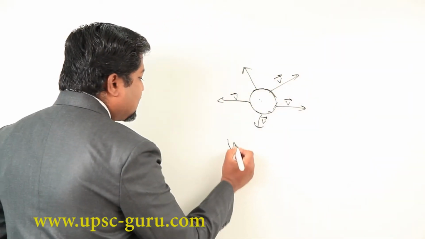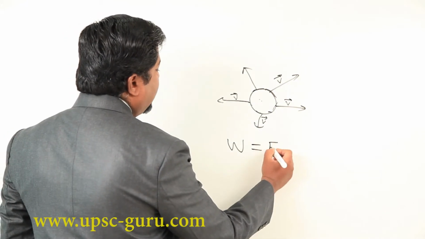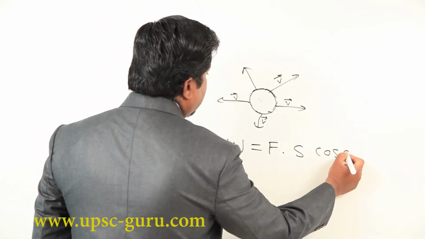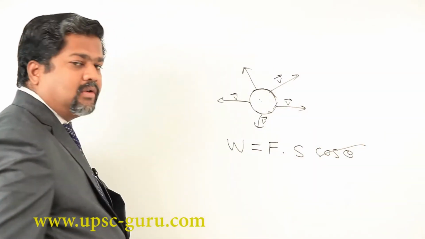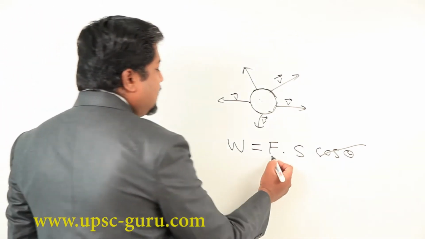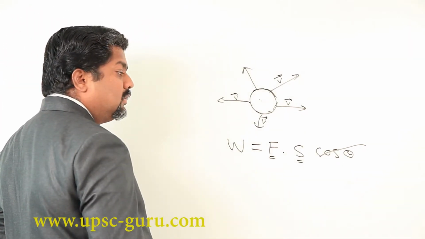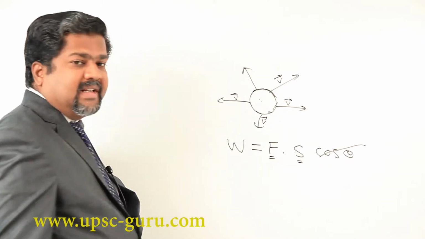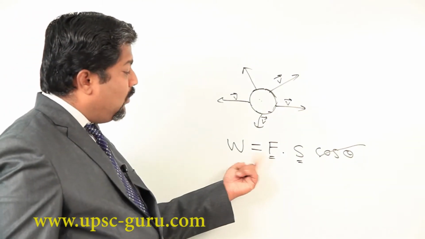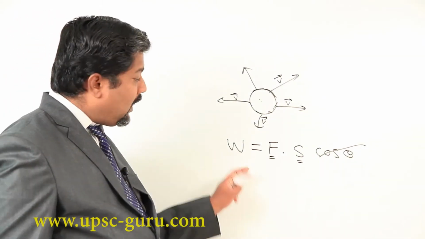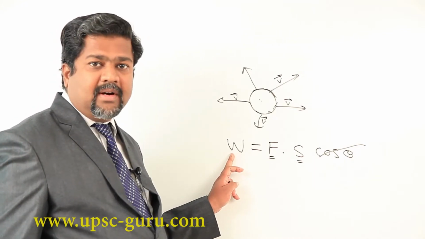More the force, more the energy. Check out what we are saying. W is equal to Fs cos theta. Forget cos theta for horizontal displacement. Then we are getting force into displacement. In order to get more force, we require more energy, that is work done.